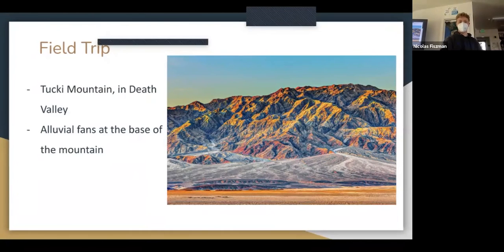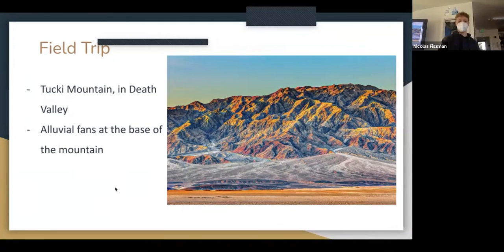And you can see the alluvial fans are raised up from the basin below. That's just because it's all the sediments deposited from that mountain over time.